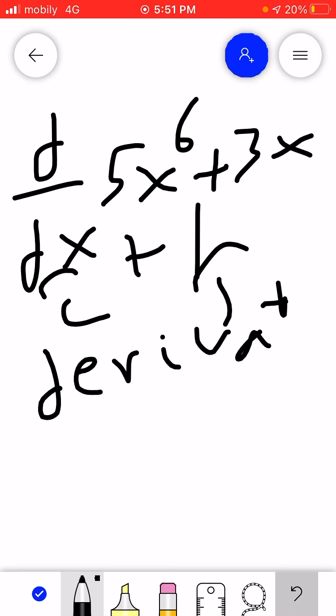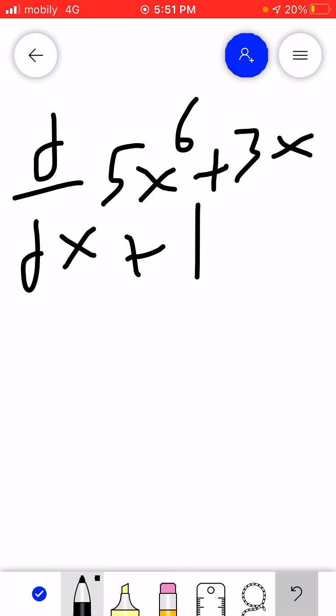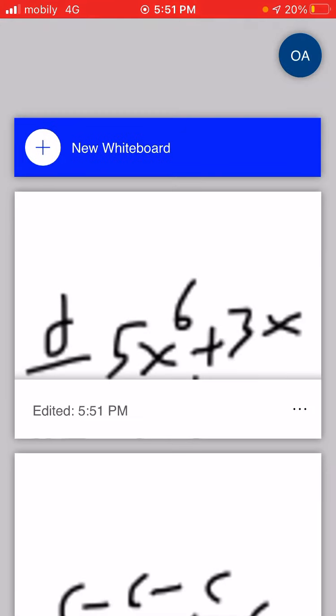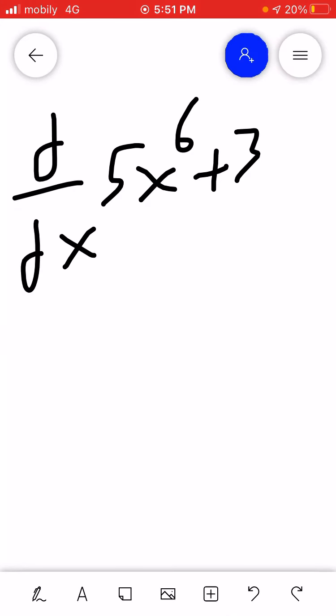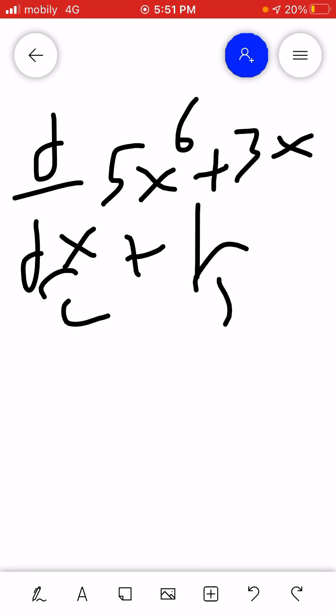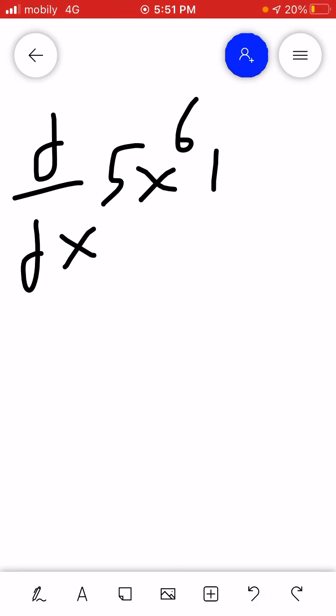To find the derivative of this one, as we said, it's 30x to the 5 plus 3. And yes, that's finding the derivative using the power rule.